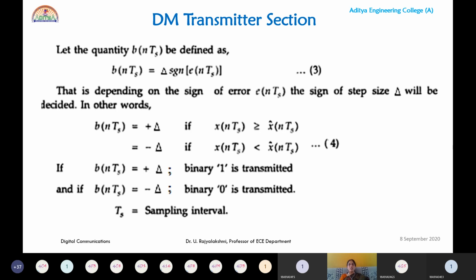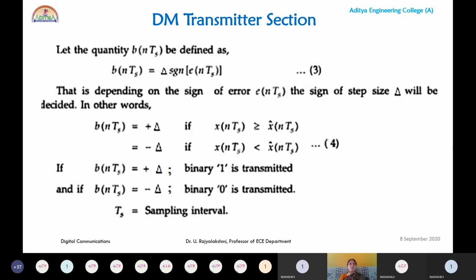Delta times sign of e(nTs). When the sign of e(nTs) is positive, you get plus delta, when x is greater than or equal to x cap. When x is less than x cap, the sign is negative, so you get b(nTs) as minus delta.